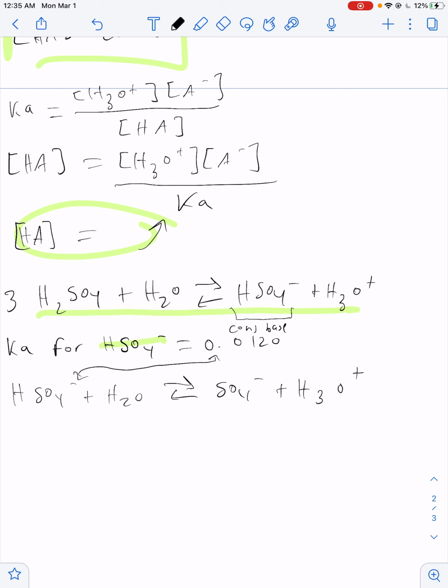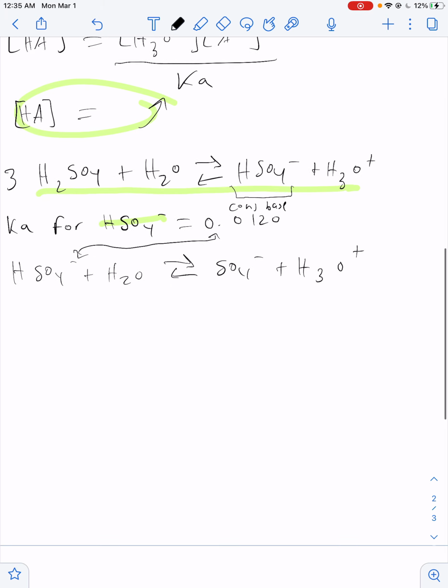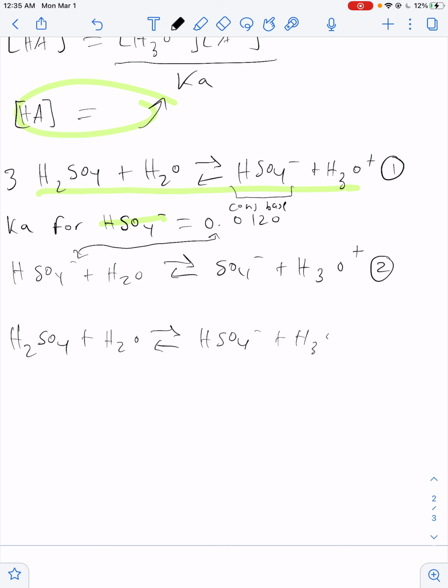So I'm going to call this equation 1 and this equation 2. For my first equation, H2SO4 plus H2O, we have to do an ice table.